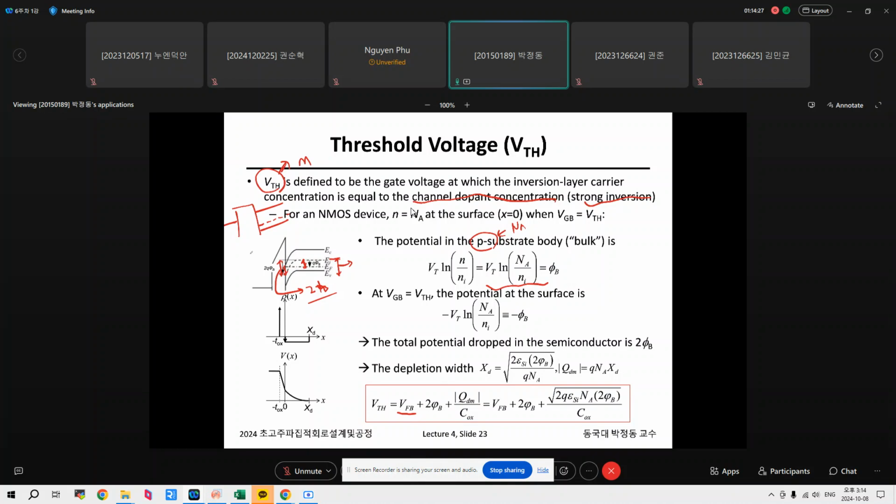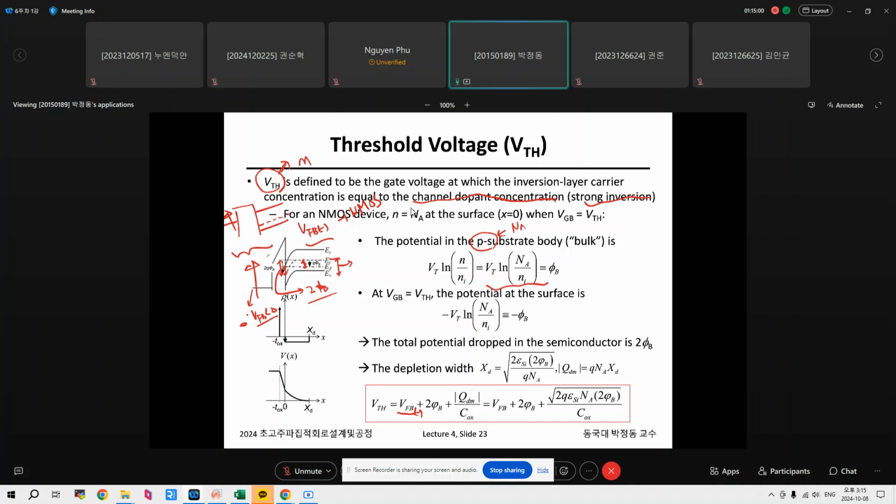So we need to provide a negative voltage, the negative flat-band voltage, for NMOS, because we have to apply the voltage to this wall, which means this is negative. The flat-band voltage is negative for NMOS. Okay, this is negative.